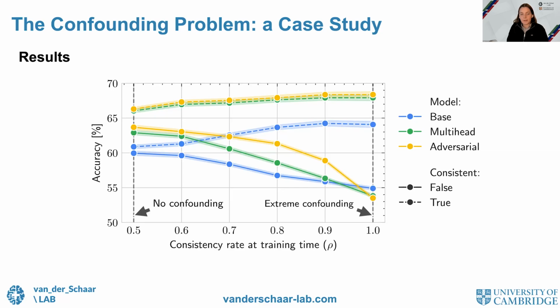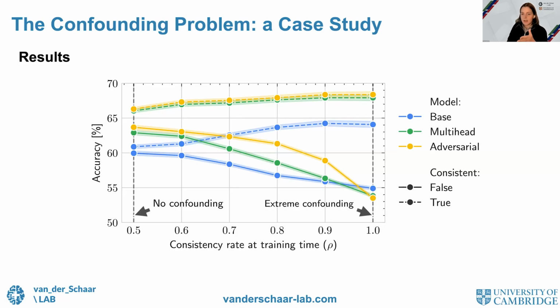And then, interestingly, the base model in blue is most heavily affected, but the multi-head model in green does a little bit better because the gap in performance between the inconsistent and consistent samples is slightly smaller. And the introduction of the additional adversarial objective, which is represented here in yellow, helps to mitigate the adverse effects of confounding even better.